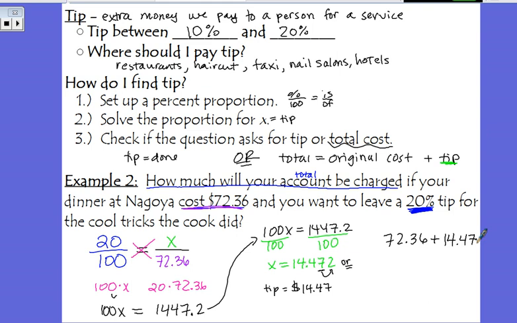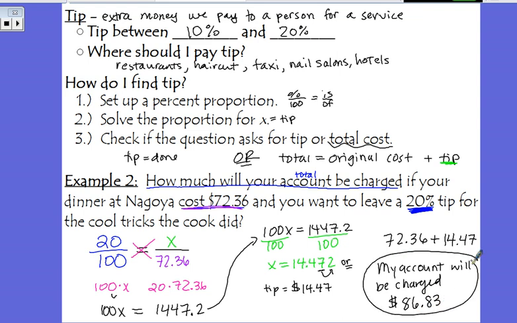So we're going to take 72.36 and we're going to add the 14.47, and we should get that my account will be charged $86.83. So again, I want to see the statement right here. I don't want to see a jump from your tip to your answer. I need to see how you got there, so make sure that you show that.